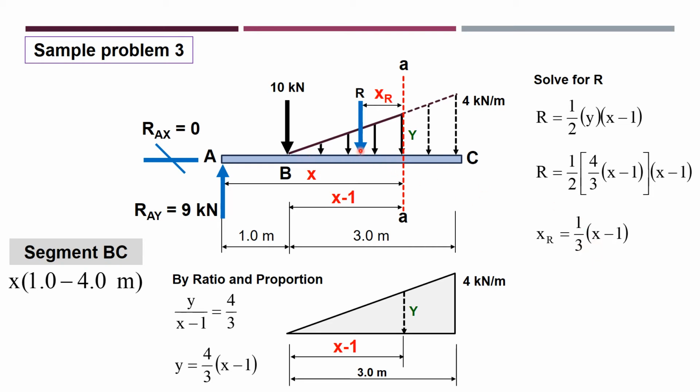Kasi if you measure the centroid of this triangle from the other side, that will be 2/3 of quantity x minus 1 naman. Pero ang concern natin kasi ay yung distance nitong r mula dito sa imaginary cutting plane. Kasi dito tayo kukuha na, ito ang gagamitin nating moment center when we sum up the moment values.